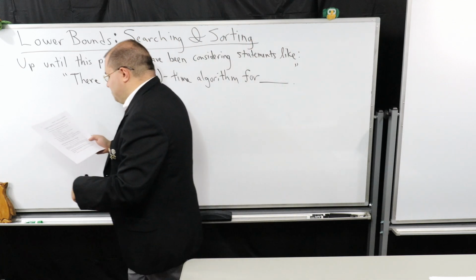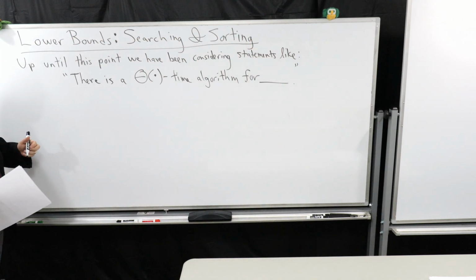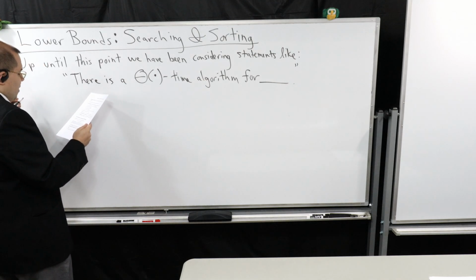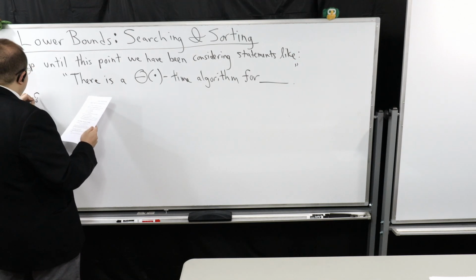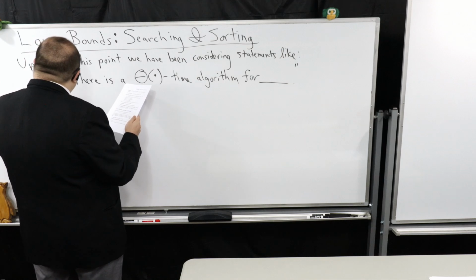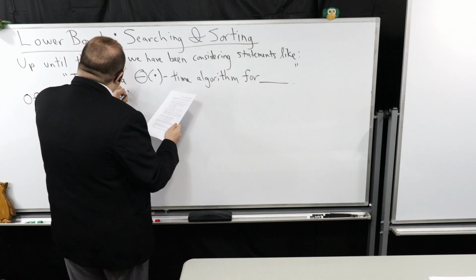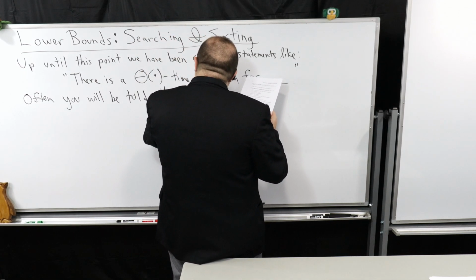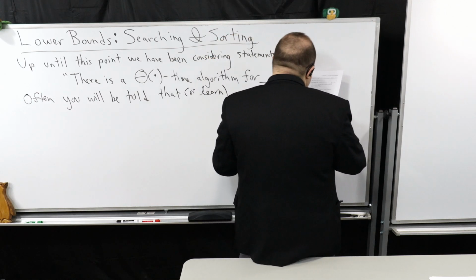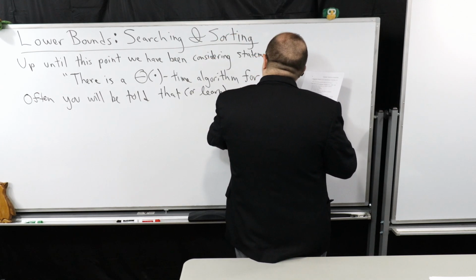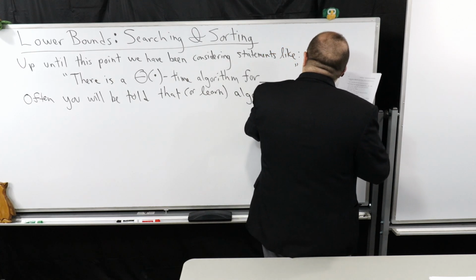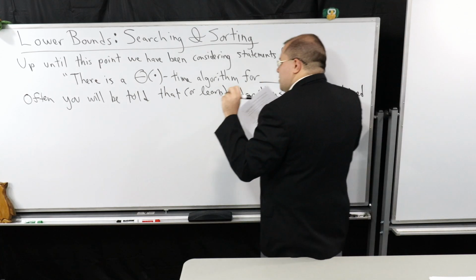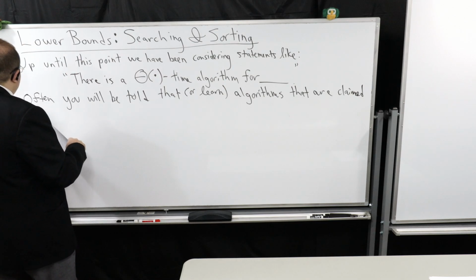So in those cases, we have algorithms that solve them, and we have some efficiency that we care about, right? Often you will be told, or of course learn, about algorithms that are claimed to be best possible.